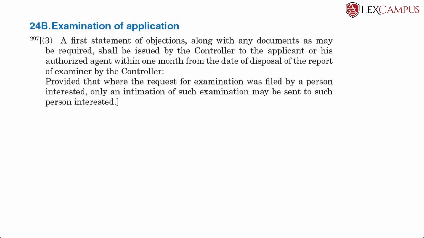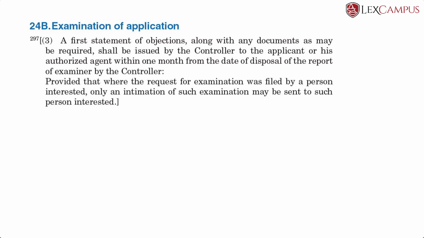Now there is no timeline mentioned in the Act, it is just at the earliest occasion. The time is not prescribed. So that is one part in the prosecution where there is no prescribed time, where the controller refers the application to the examiner. There is no time prescribed, it is just mentioned at the earliest.